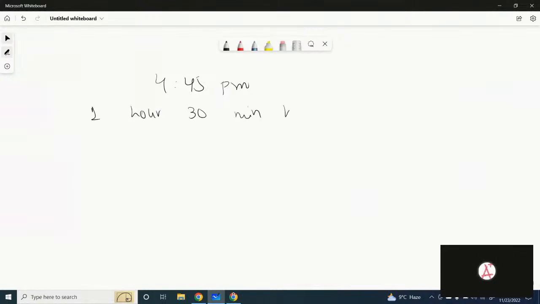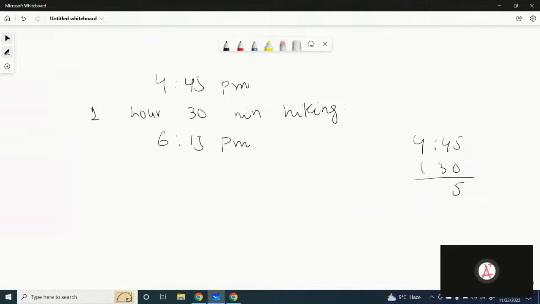Let's just calculate the time of the hiking. 1 hour means just add 1 to 4:45, and then 30 minutes. So after 1 hour 45 minutes, it would be 6:15 p.m. Got it? Until 6:15 p.m. they hiked.